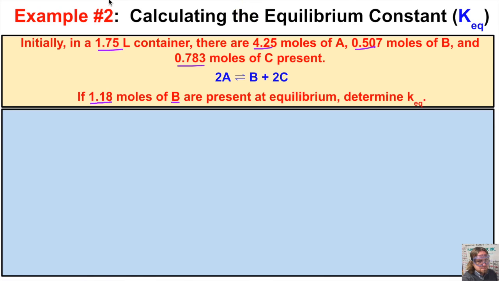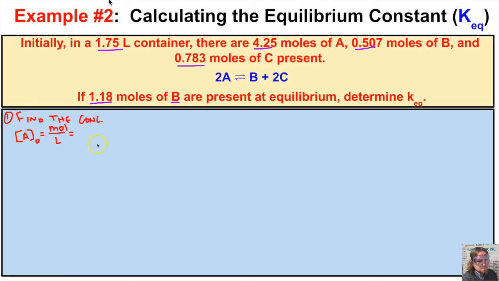So the first thing that we have to do here in step 1 is determine the concentrations. So let's find the concentrations of our reactants and our products. So if we read closely, it says that we have 4.25 moles of A in a 1.75 liter container initially. So to get the initial concentration of A, we have to figure out the moles per liter, right?